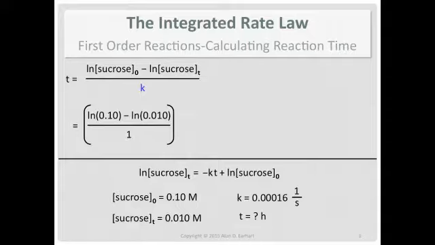Again, it's a style choice on my part. And that's because k has units of reciprocal time in it, and we're dividing by k. So sometimes, for some people, that can get a little iffy as far as how you set it up. So I'm thinking about this as 0.00016 over seconds.